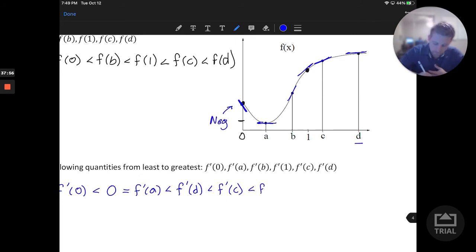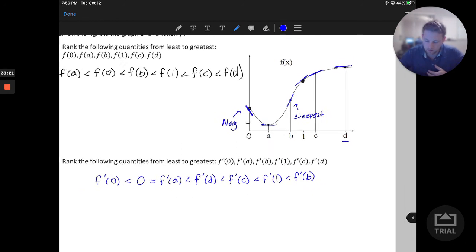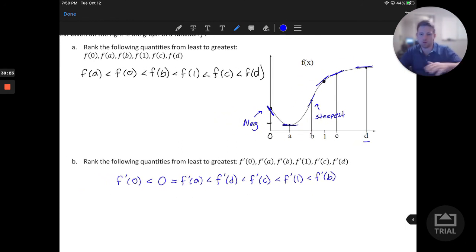F prime of 1 would be a larger slope than C. And then finally, the steepest point there is going to have the largest value for slope, and that would be the largest at f prime of B. So we'll notice that the ordering here for the functional values and the derivatives is quite a bit different.